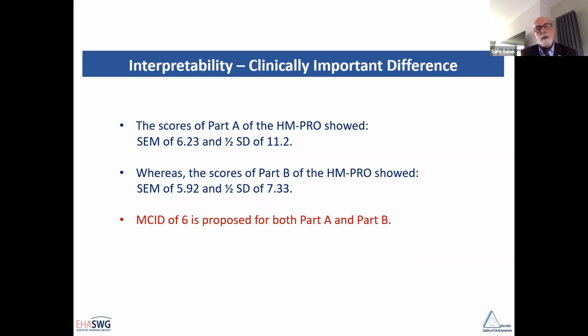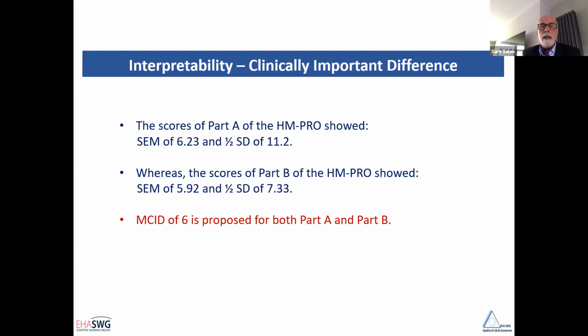In the clinic, we usually recommend using a banding, a technique called anchor-based technique, and for the clinical trial, something called minimum clinically important difference, and that's what MCID is on that slide. So we established the MCID for clinical trial to be 6, for both part A and part B.